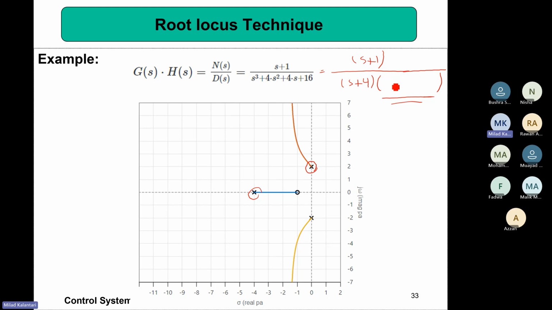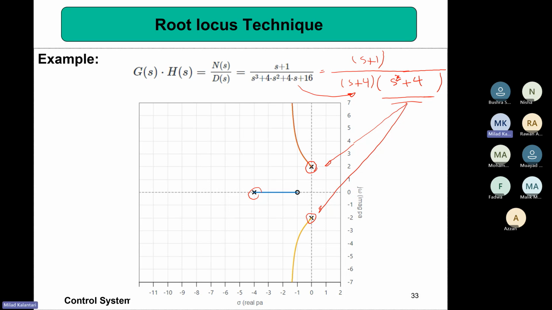So basically it will be like s squared plus 4, right? If you try to simplify this equation, you should reach this, because it gives you two complex poles with no real part, right? This term, right?